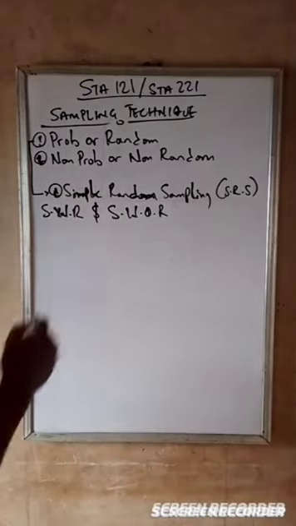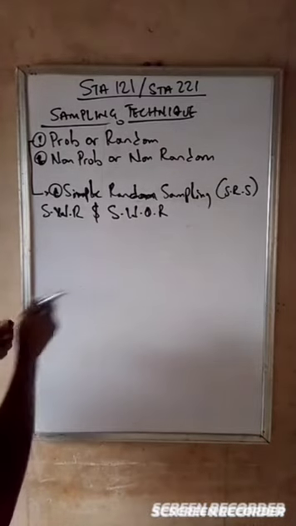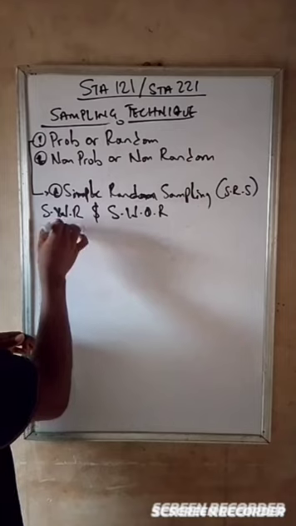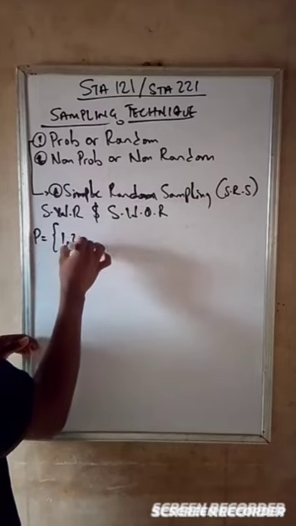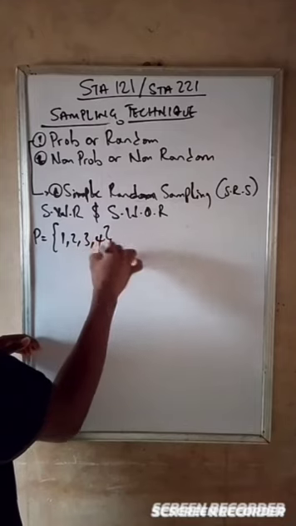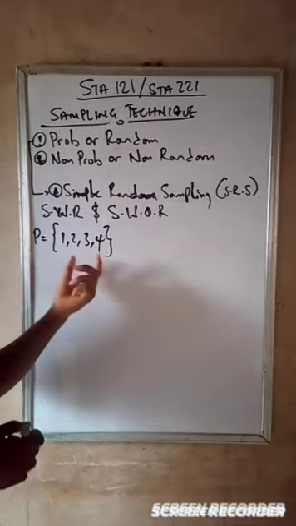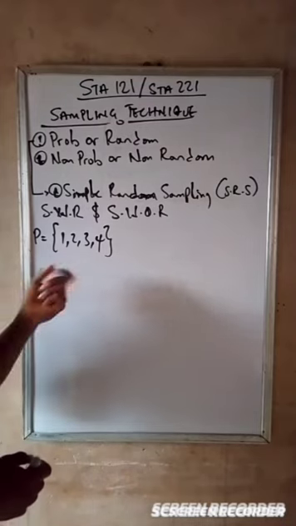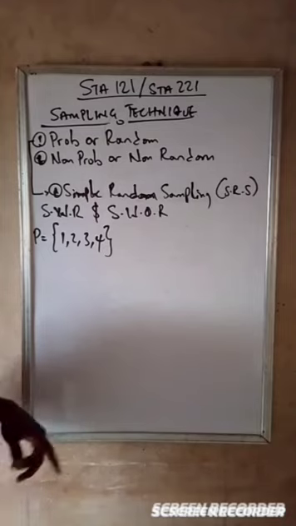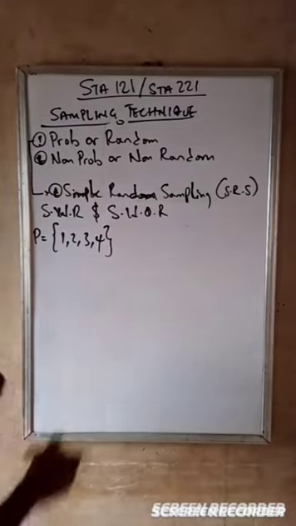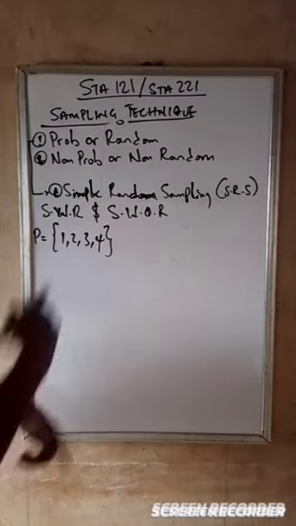Okay. Now I'm getting close to my emphasis for today in this video. If I have a population, let me call it population P, that contains the elements 1, 2, 3, 4. Let's say in my exam question or my test question, what I was asked is: take a random sample of size 2 with and without replacement and calculate the following.